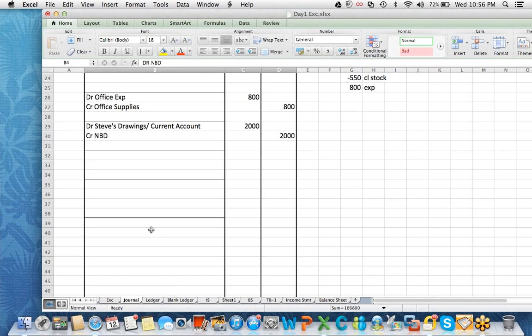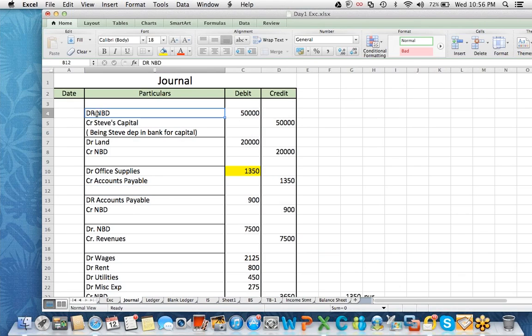For example, here is how you posted. This is a journal, right? A journal will have at least two accounts, one debit, one credit. This is called a journal.